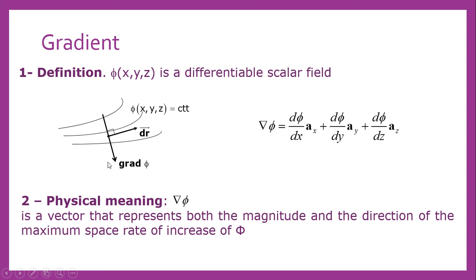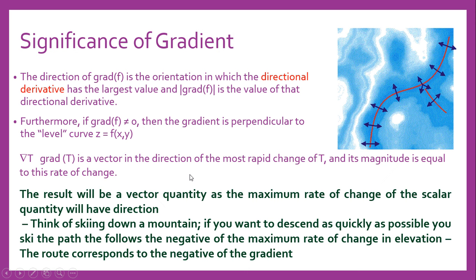In other words, on finding the gradient we get a vector which has magnitude as well as direction. The direction of this gradient vector points to the maximum change in phi. Did you understand that the direction of this gradient vector points where there is a maximum rate of change in its magnitude?